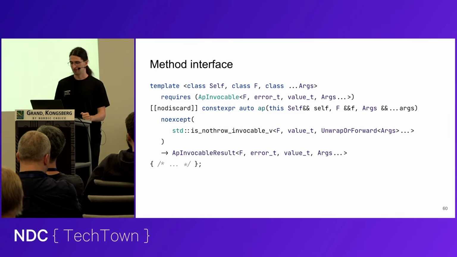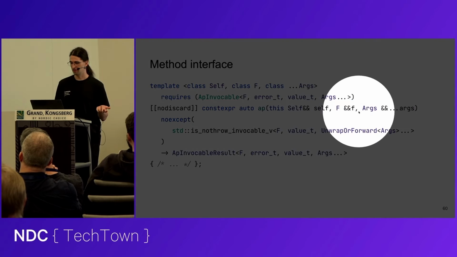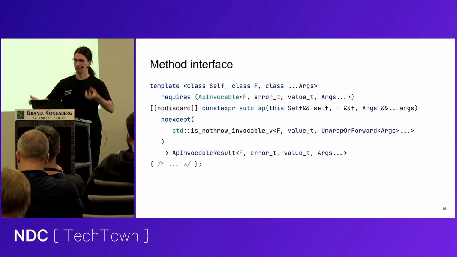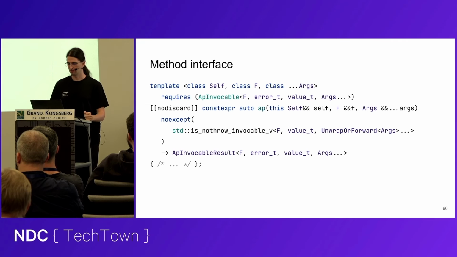I named it this way, which you probably shouldn't do in the real implementation. Still, we have pretty much the same function and args, and this is a trace to say that everything can be unwrapped, invocable, and so on. We unwrap the argument if we need to, or otherwise we simply forward it, and then the implementation would be pretty much like and_then.